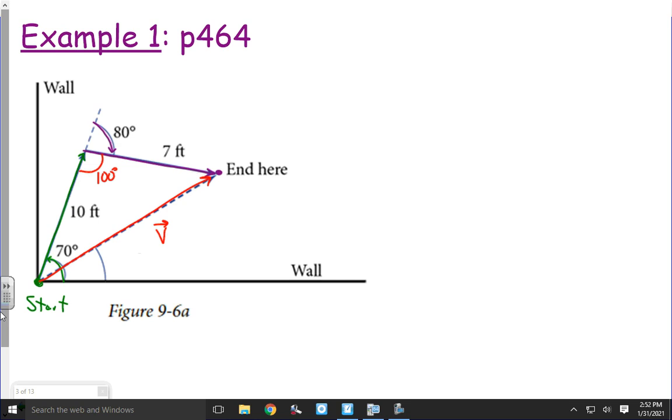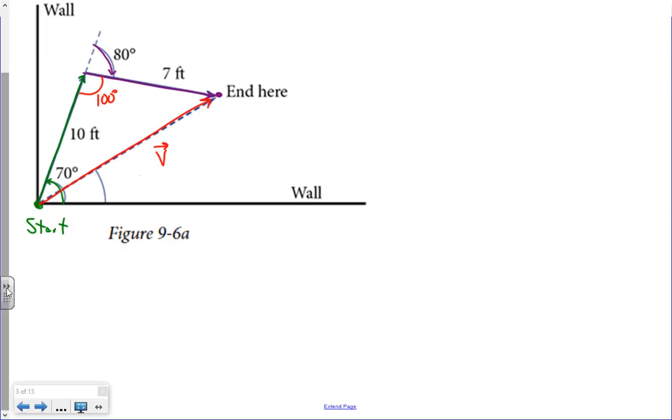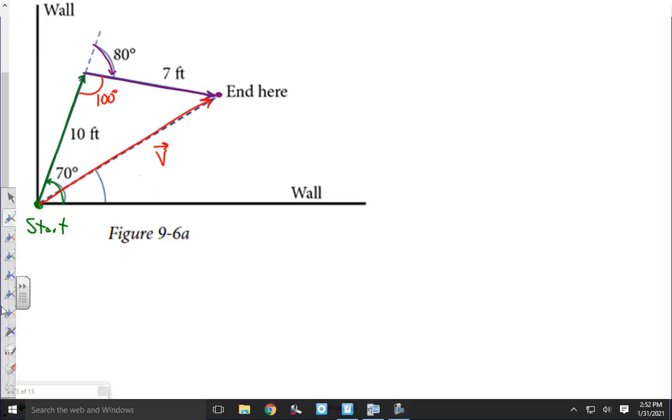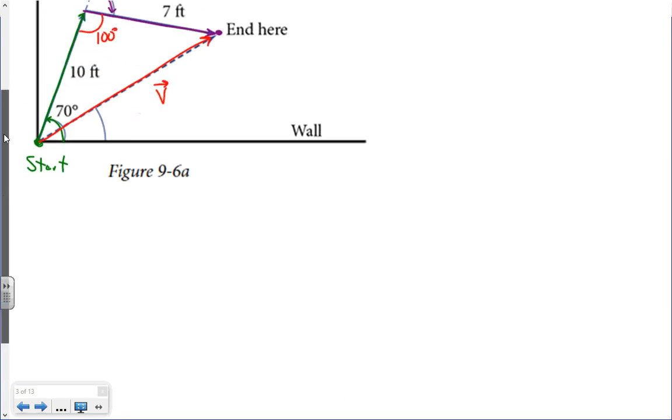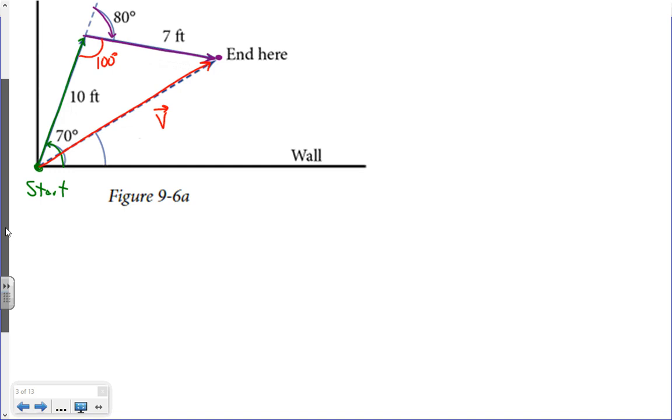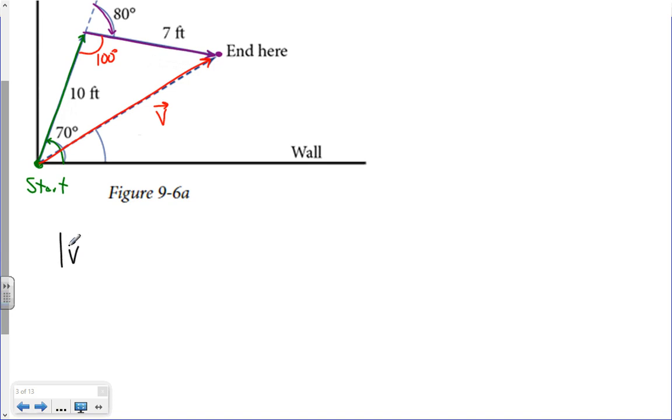So with that, we can use law of cosines now to find out what the displacement is, or really the magnitude of that vector. So I'm going to write it as the magnitude of my vector v squared, right?